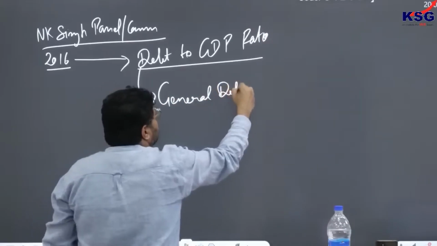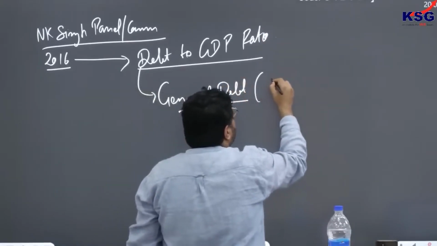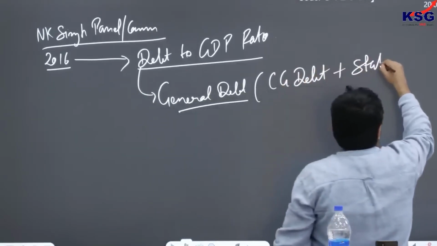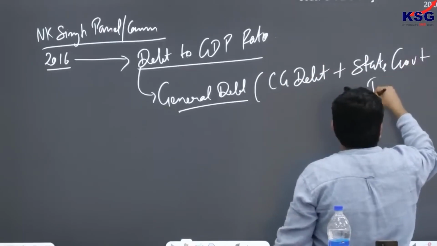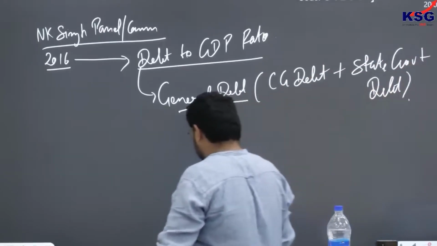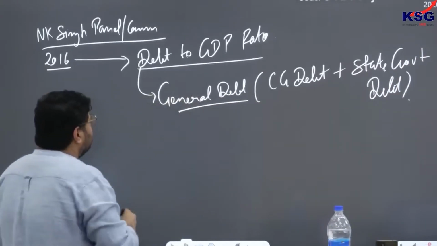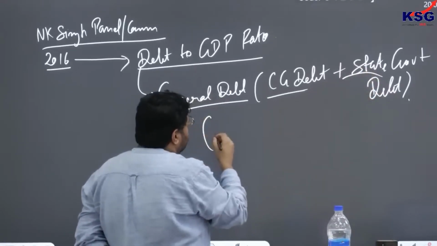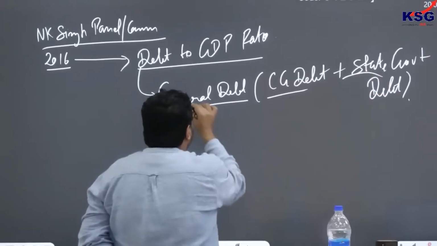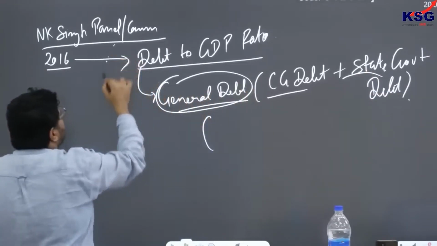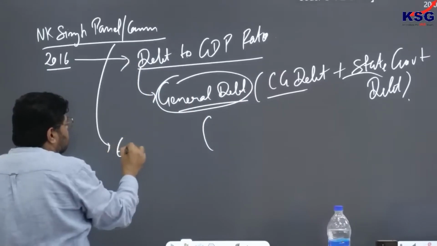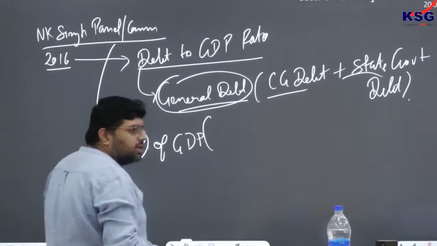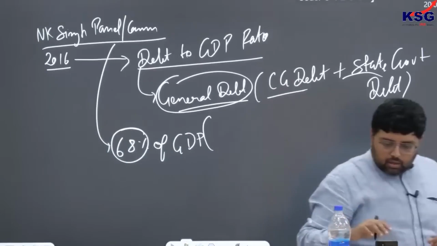General debt is nothing but central government debt plus state government debt together. So N.K. Singh said in 2016 it is 68% of GDP. So ultimately the states and the center together have a debt of 68%. Clear?